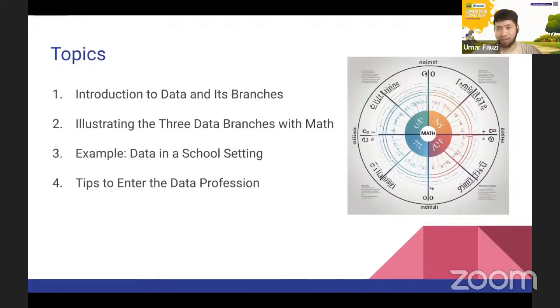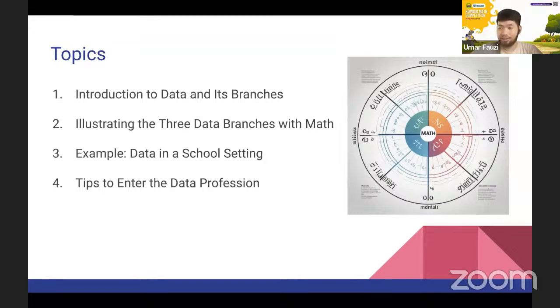I'll also illustrate how each of these branches uses math in their own way, and try to give an example in a school, because let's face it, data teams are a thing. It's usually not just one person; it's people working as a team, often from these three branches. And finally, if you're interested in becoming a data professional later, I'll give some tips at the end.